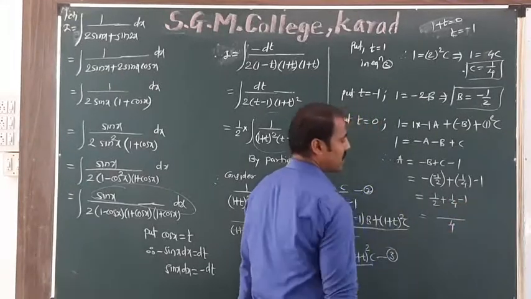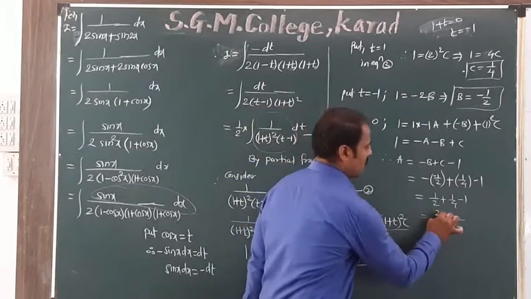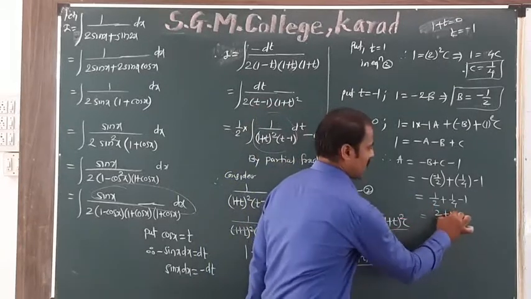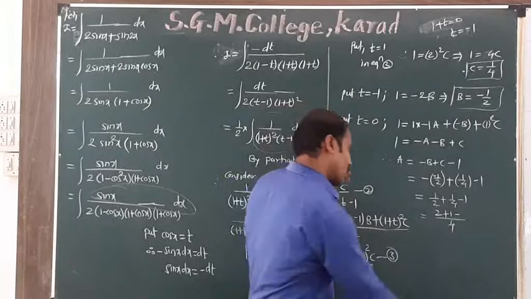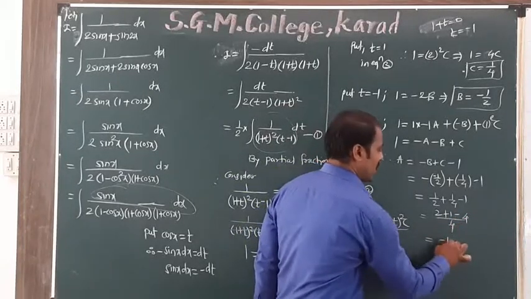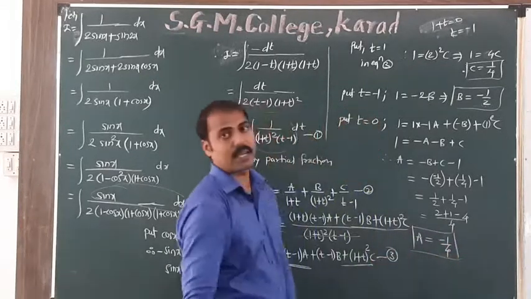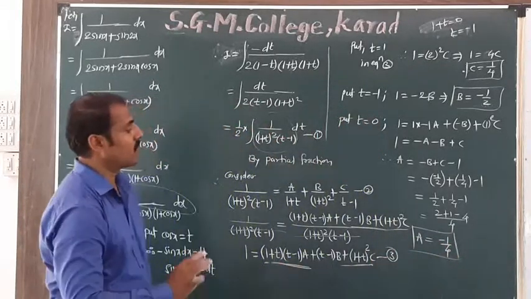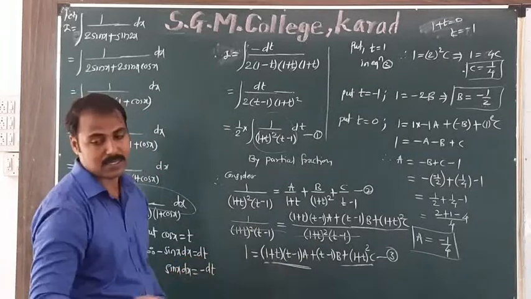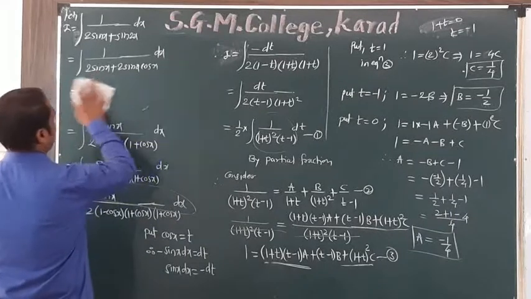Making the denominator the same, it's 4: 2 plus 1 minus 4, 2 plus 1 is 3, 3 minus 4 is minus 1, divided by 4. That is the value of a. Here we get the values of a, b and c.